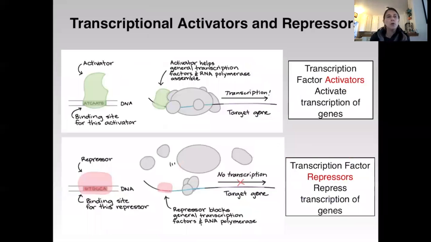All right, so very similar to what we saw in prokaryotic cells, we have transcriptional activators, which will increase the likelihood of transcription, right? And we have repressors, which will decrease the likelihood of transcription, right?